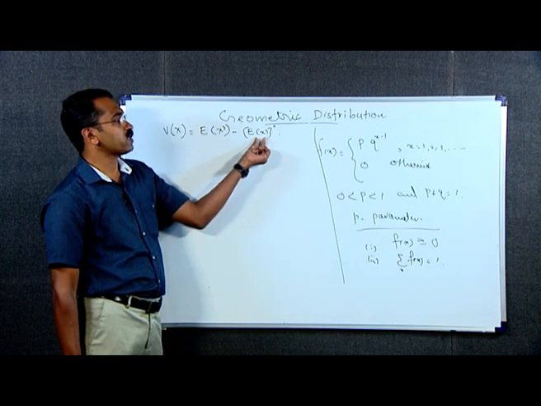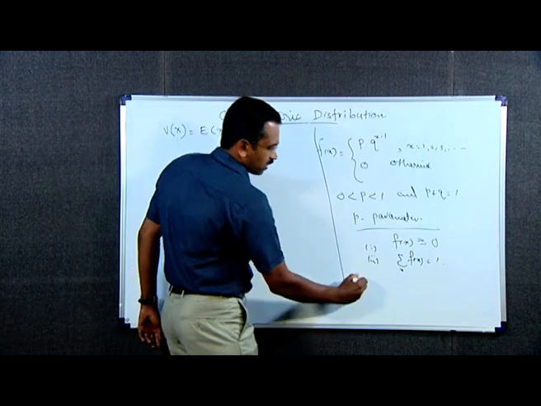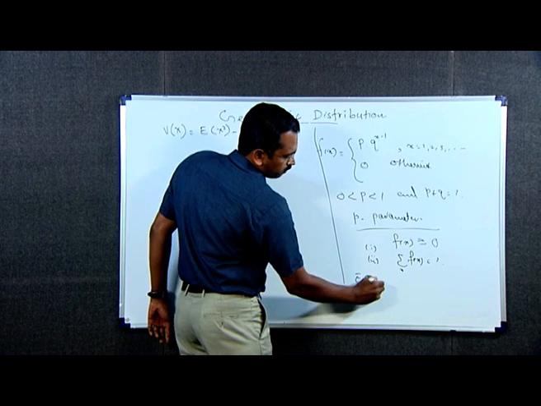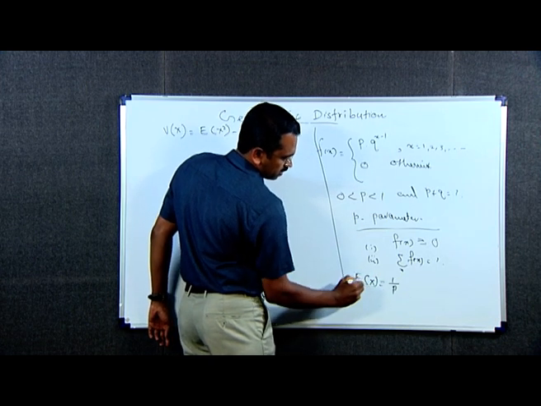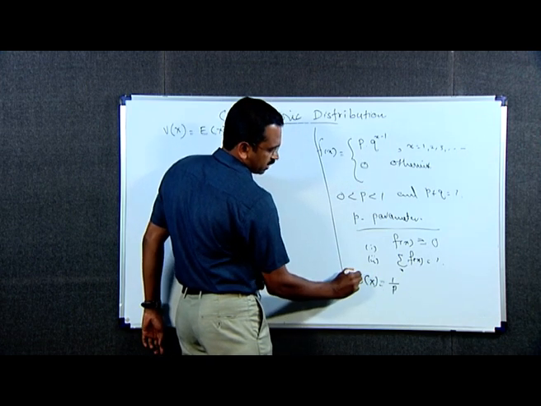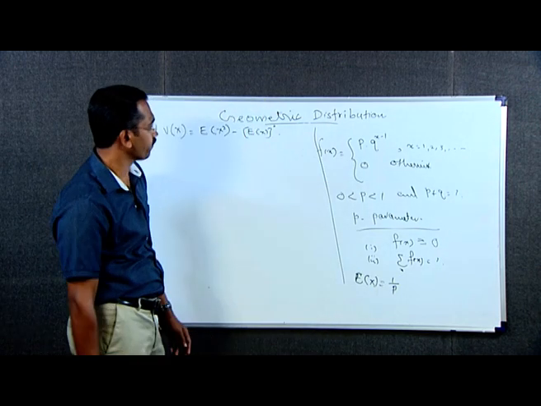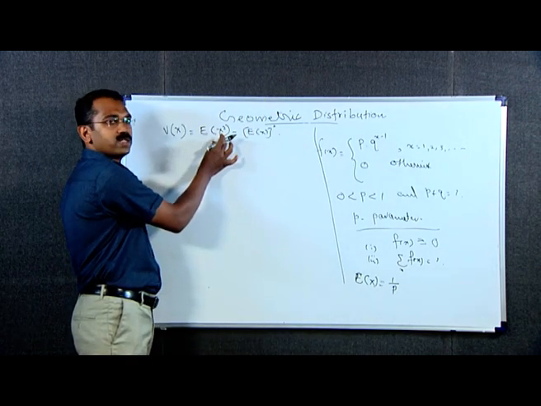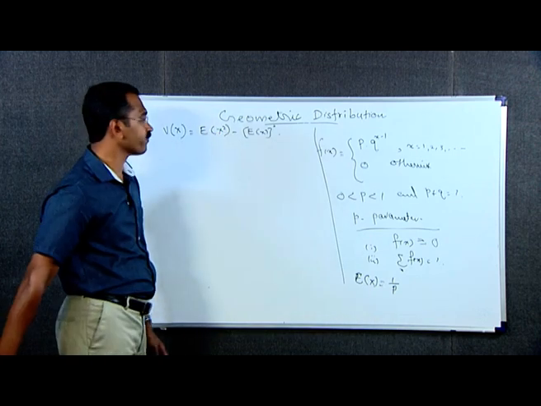Now, expectation of x is equal to 1 by p. We just derived that expectation of x is 1 by p. Therefore, we want to find E of x square only.